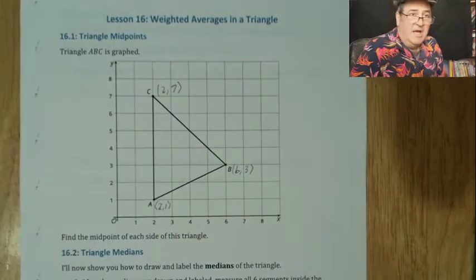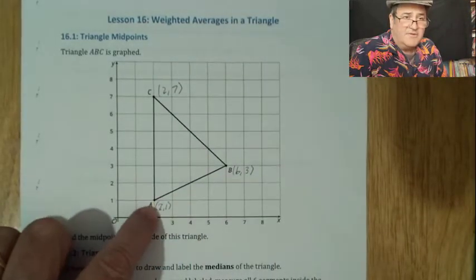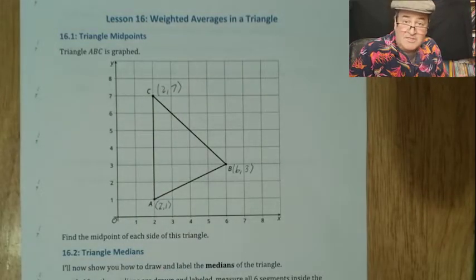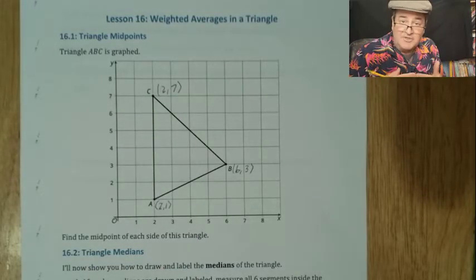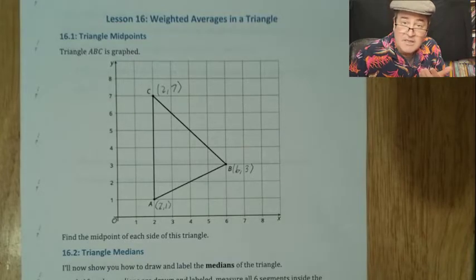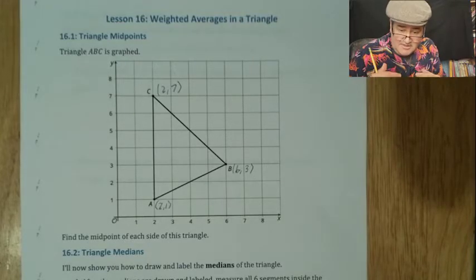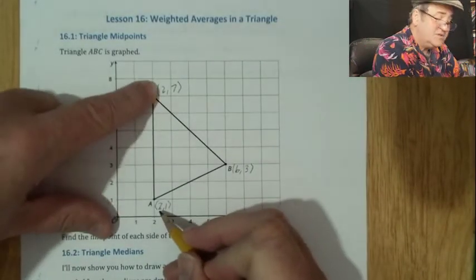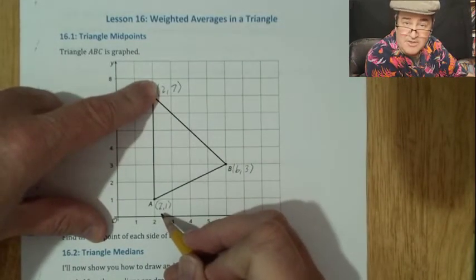If we are trying to find the midpoint between A and C, to find the midpoint between any two points, you add the x's together and divide by 2. That gives you the x that's in the middle. Add the y's together and divide by 2. That's the y. That's your new (x, y). So 2 plus 2 is 4, divided by 2 is 2.